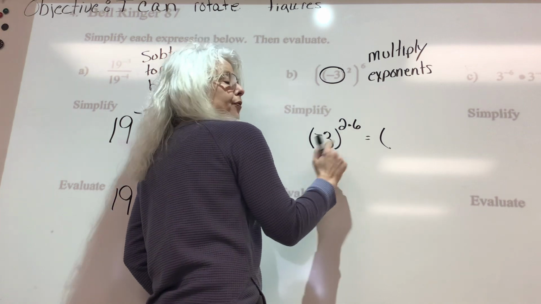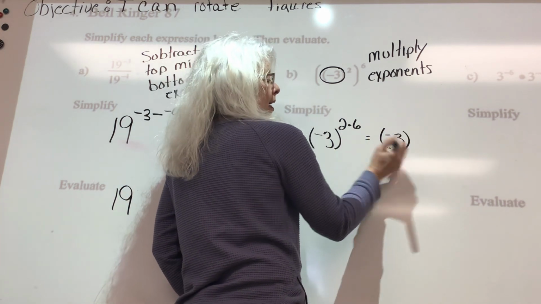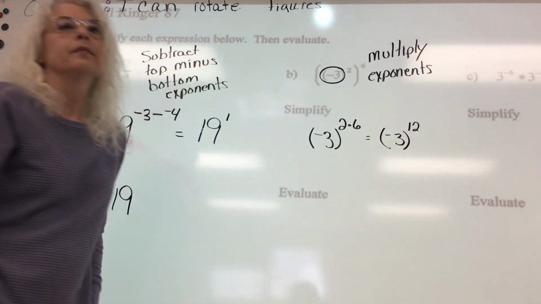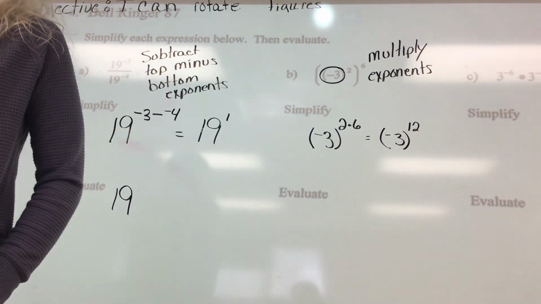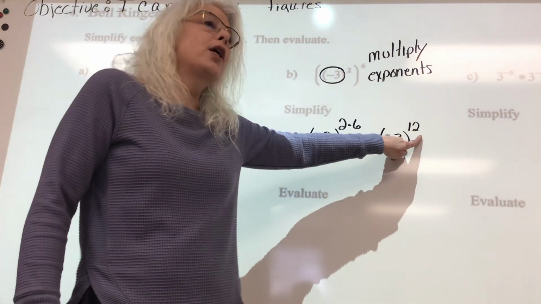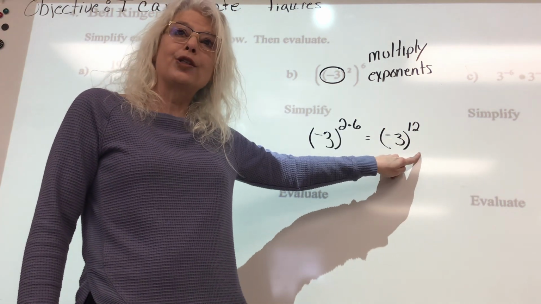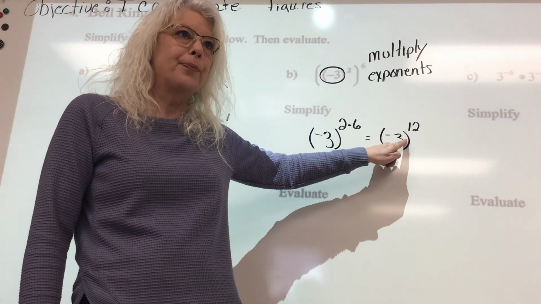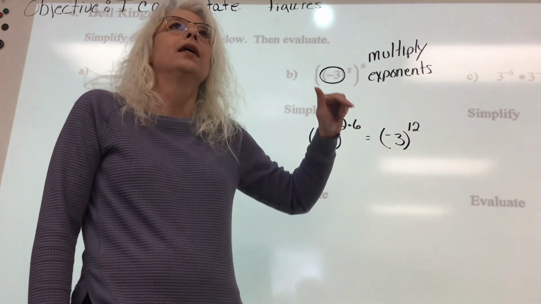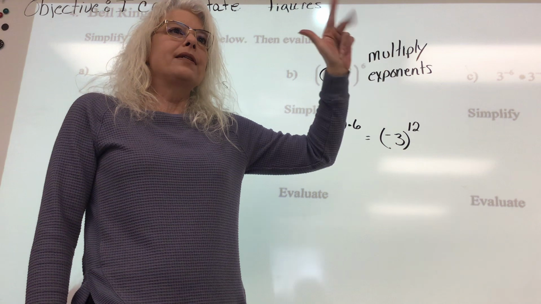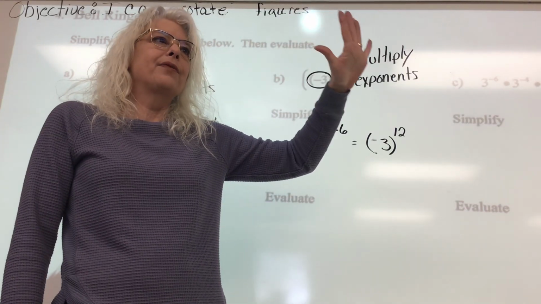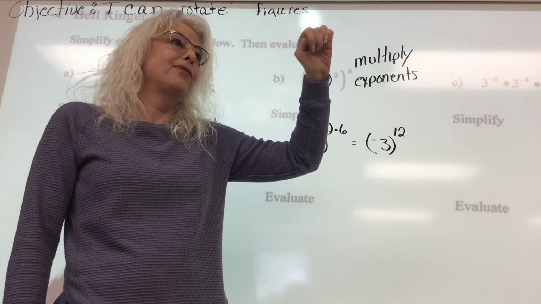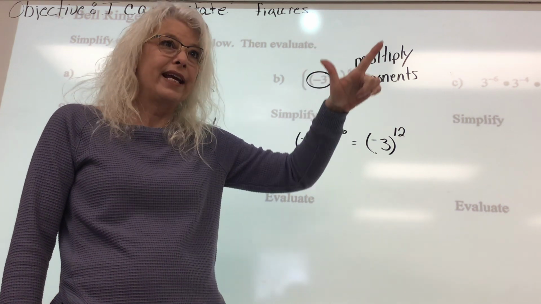Make sure your -3 stays in parentheses, and then 2 times 6 is 12. Remember, the exponent goes with what it's next to, and it's next to the parentheses, so that means it goes with everything inside the parentheses. So this means -3 times -3, twelve times in total.